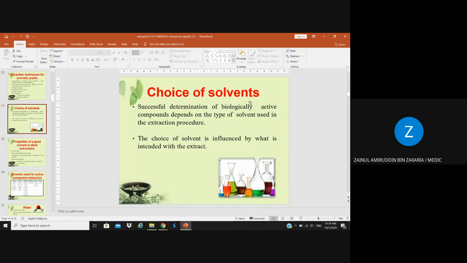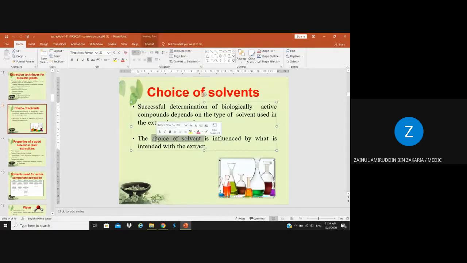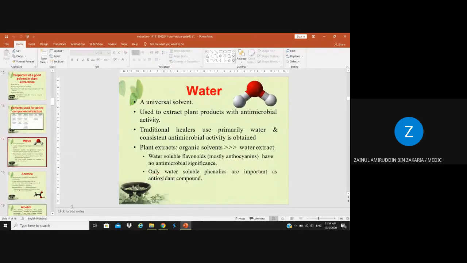So the choice of the solvent is influenced by what is intended with the extract, what you want to isolate. That determines the choice of solvent. If you look at this part, water, for example, I give you one example.